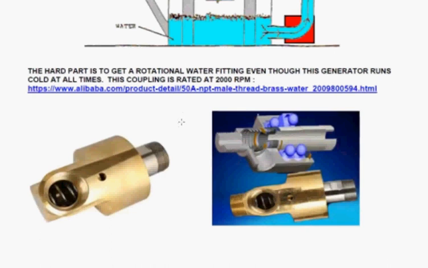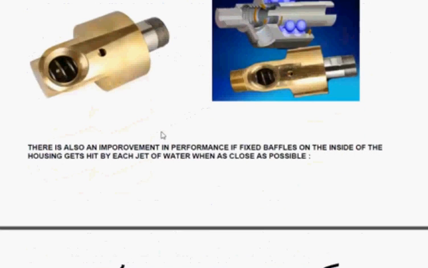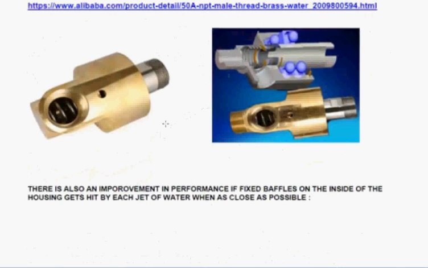This particular coupling that I'm showing here is rated at 2000 RPM, but you would expect to be rotating your cylinder at probably about 400. But this is one of several that are available on the web, which you can order and buy in if you want.